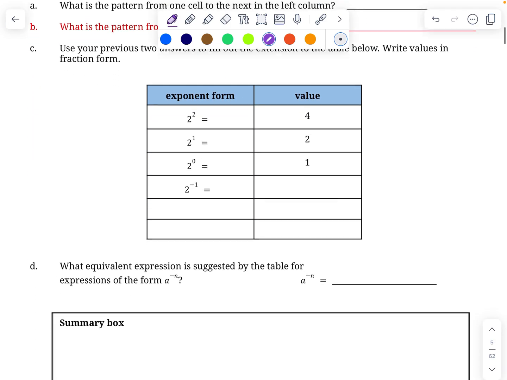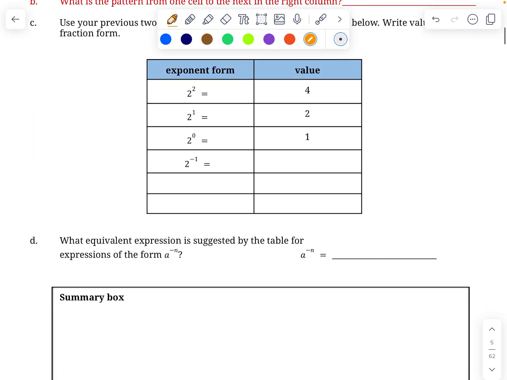If you continue that pattern, exponents are going down 1, exponents are going down 1. Divide by 2, divide by 2, divide by 2. It's a half. What's half of a half? What's a half divided by 2? A quarter. What's half of a quarter? What's a quarter divided into? It's an eighth.